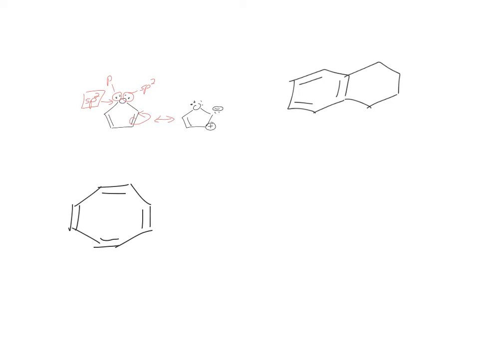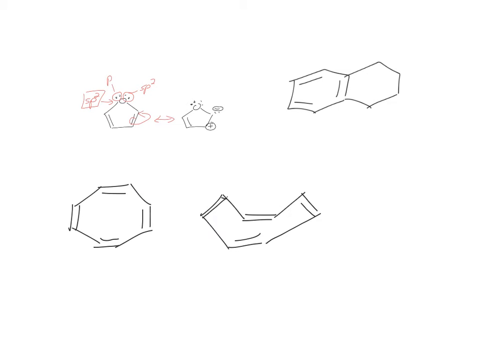It puckers like a cup. Let's see if I can draw it well. Probably not. Oh, there you go. So what it essentially does, it says, forget this. I'm going to become like a little cup shape, and I'm going to avoid being planar and having an uninterrupted pi system.